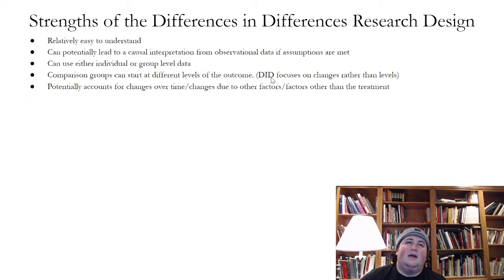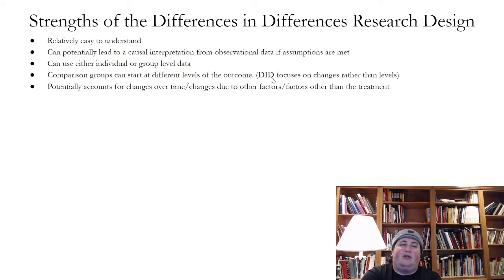Okay. So the strengths of this difference in difference research design is it's relatively easy to understand, right? Really, we're just comparing two groups, treatment and control. It can potentially lead to a causal interpretation from observational data, right? We didn't have to run a huge, expensive study. We can just look at two groups, one that was subject to a law or something and the other was not.